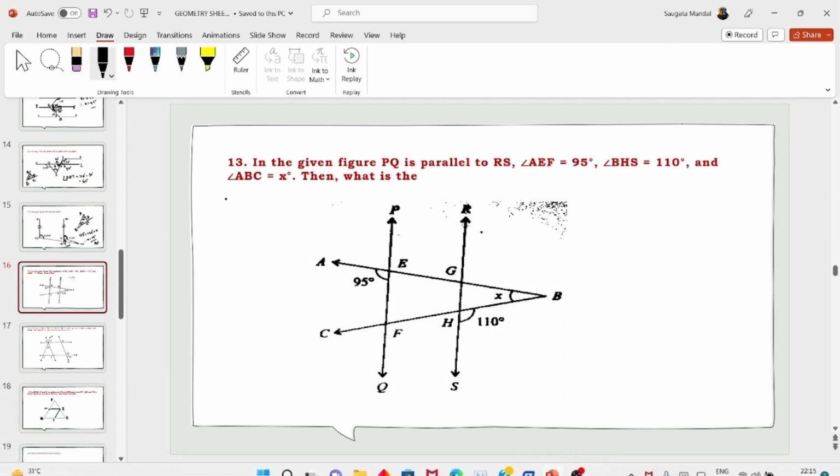In the given figure, PQ is parallel to RS, angle AEF is 95 degrees, BHS is 110 degrees, and ABC is x degrees. Then what is the value of x?